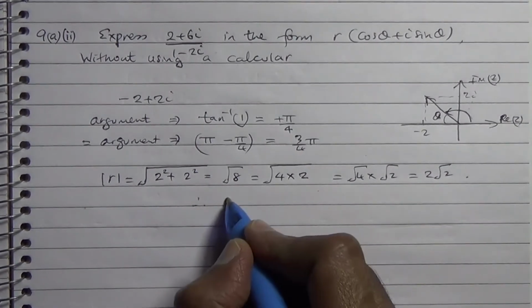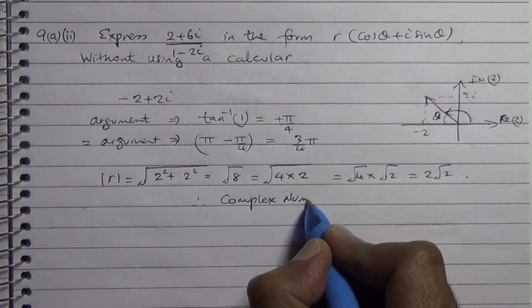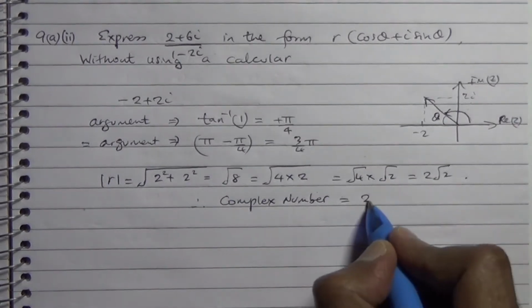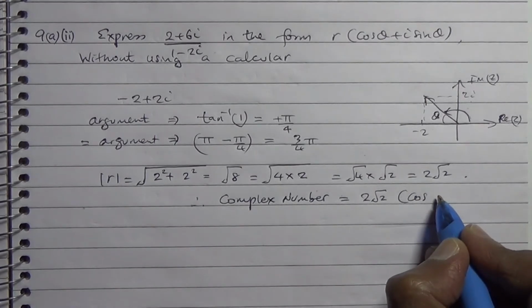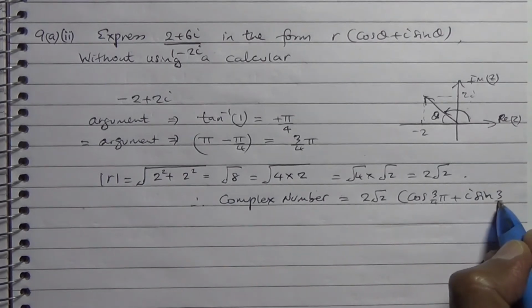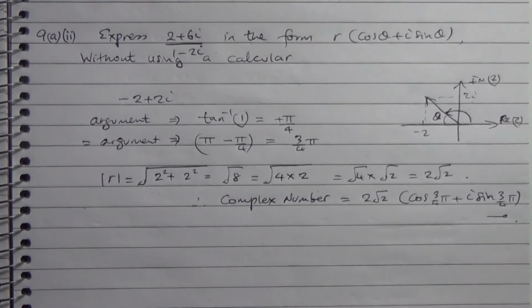Therefore the complex number can be written as 2√2 (cos 3π/4 + i sin 3π/4). So here we are. That's your answer to the question. Take care.